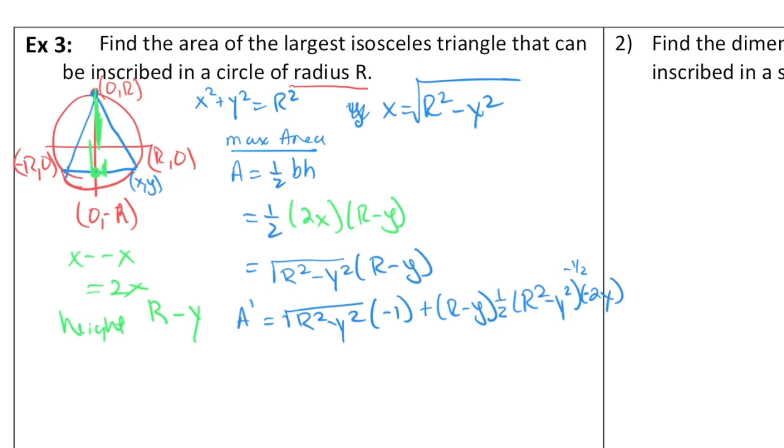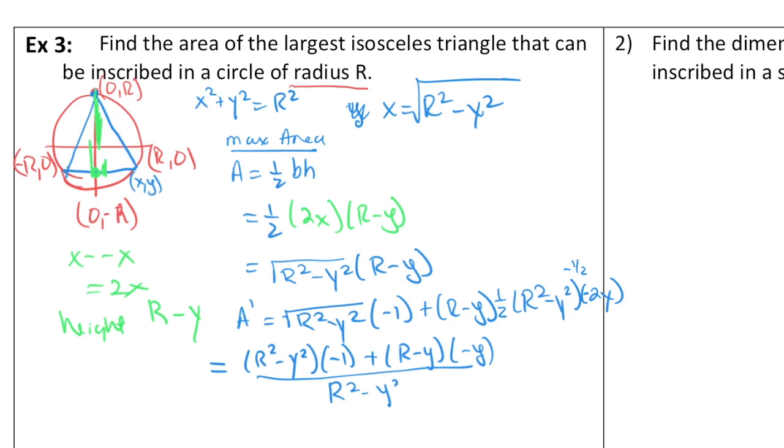Okay, multiply to simplify, because you know you have to find those critical numbers. When you simplify, you're going to get r squared minus y squared times negative 1 plus r minus y times negative y, all divided by your common denominator that you found, r squared minus y squared to the 1/2 power.